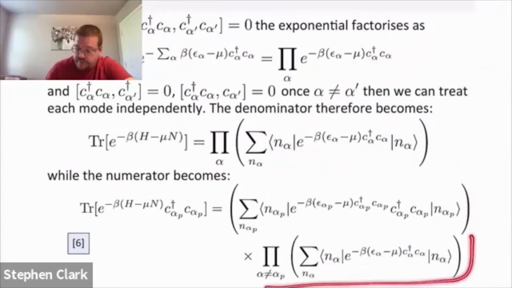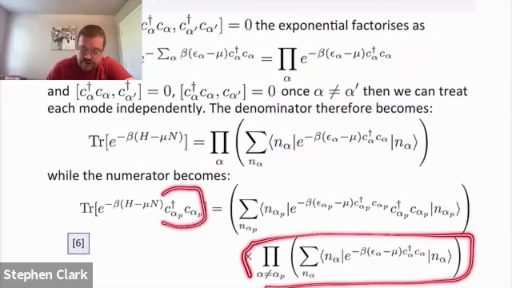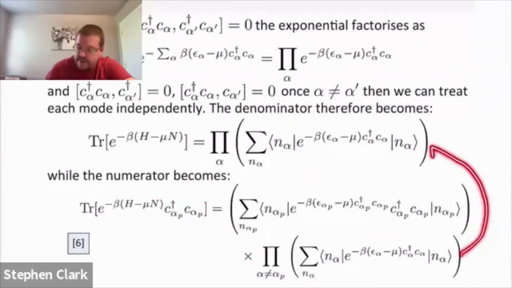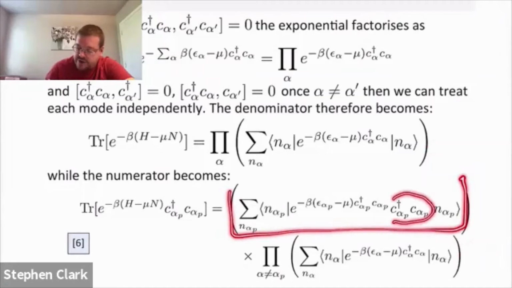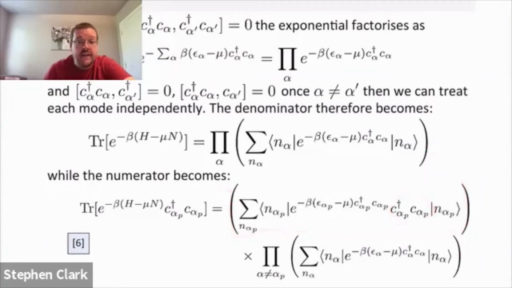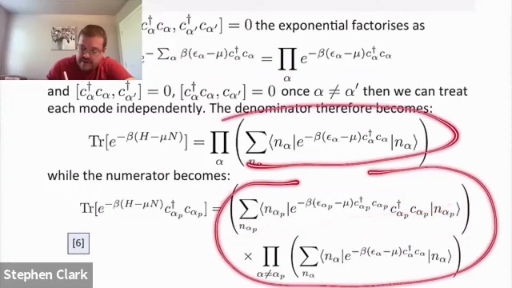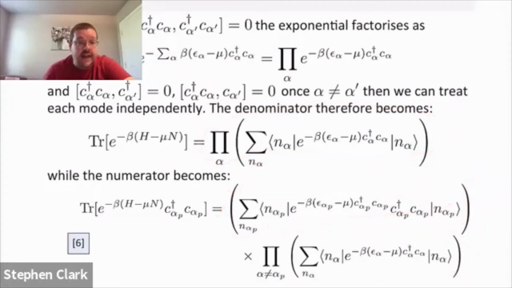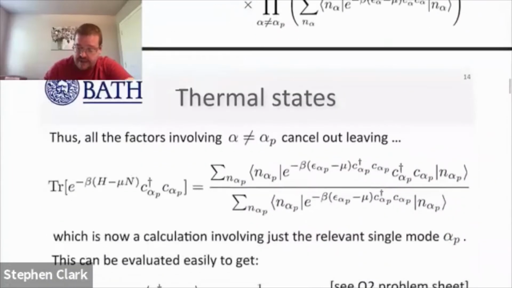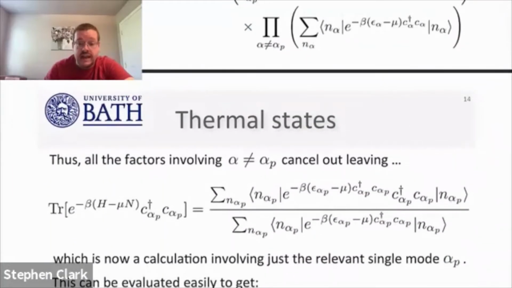All of the modes except the one you're interested in are exactly the same as in the denominator, except the one you're interested in has an additional number operator down here. So that's the thing you need to calculate. If you do this divided by this, you can see there's a lot of cancellation, and in fact they completely cancel, so that you only need to worry about the particular mode that you've occupied.